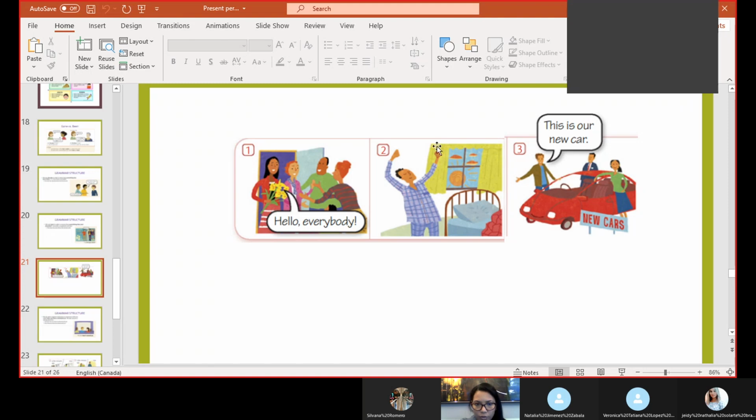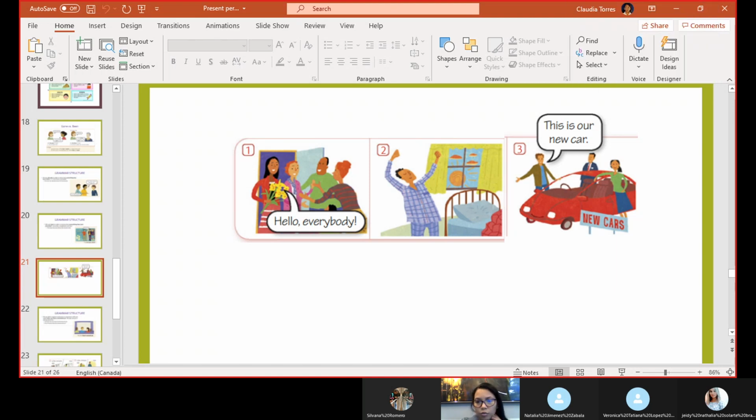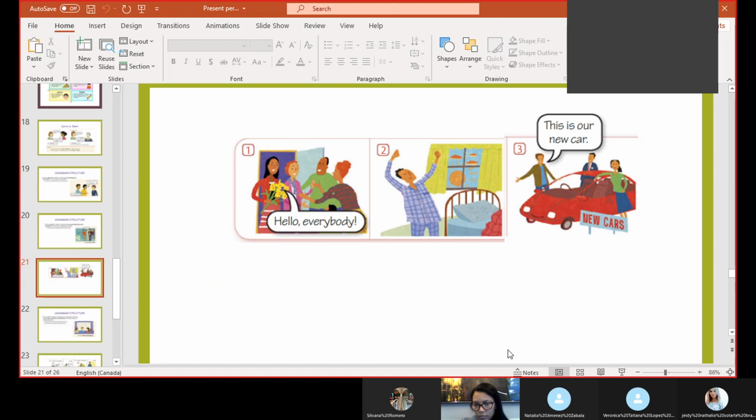In the second picture, the guy, we can say he has just woken up, or he has already. So it's up to you, because actually he has just woken up, or he has already woken up.